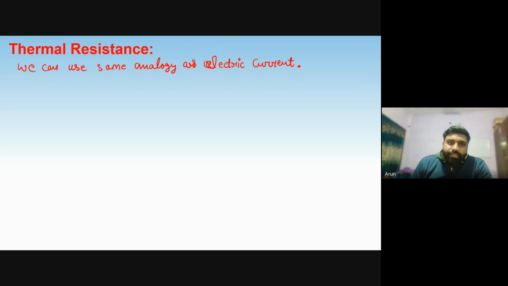Okay. So in electric current, what is the thing? If you remember, in your 10th class you have all studied that if this is a battery of V potential, and this has a load of R as the resistance, and the current flowing through is I, then this voltage is directly proportional to the current, and to remove this proportionality we take resistance.